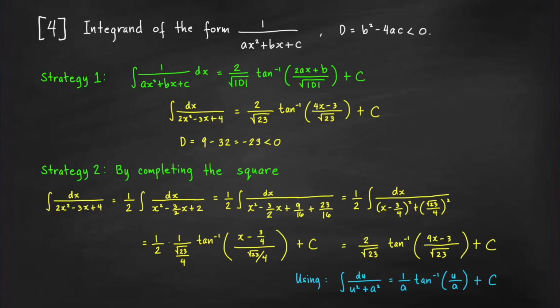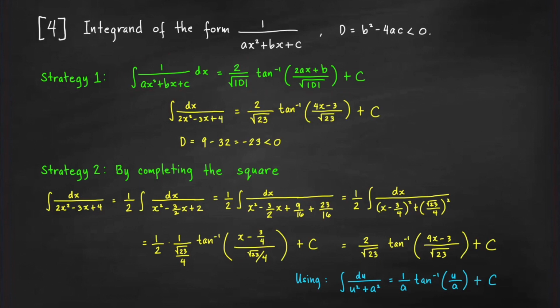Now let us consider an integrand of the form 1 over ax squared plus bx plus c. Again, a is not equal to 0, but the discriminant in this case is less than 0. So that means the equation ax squared plus bx plus c equals 0 has two imaginary roots. In this case, the fast way to evaluate the integral is using this formula.